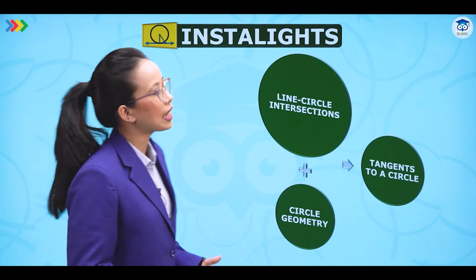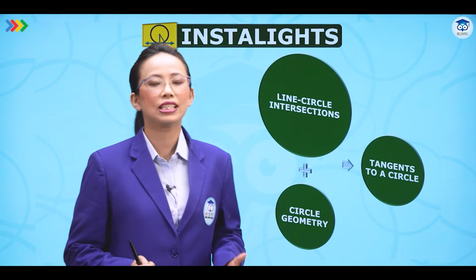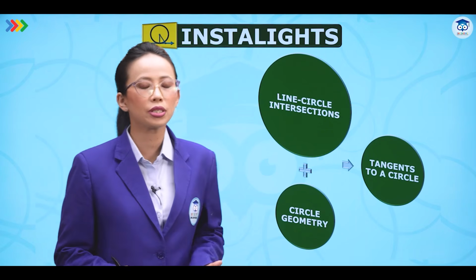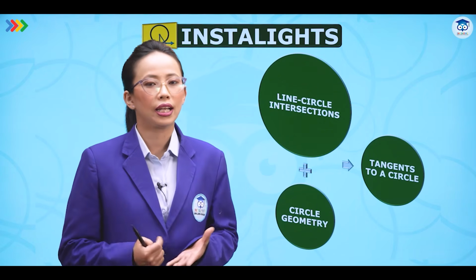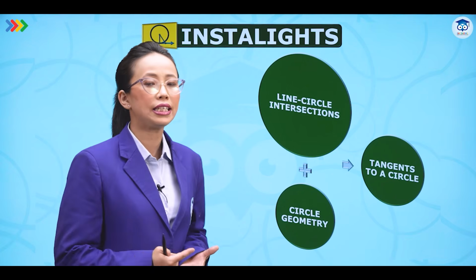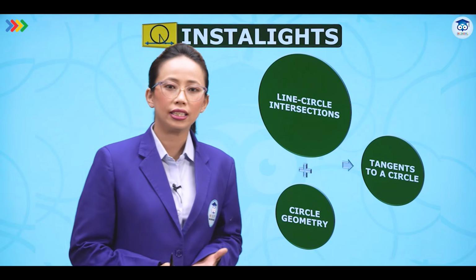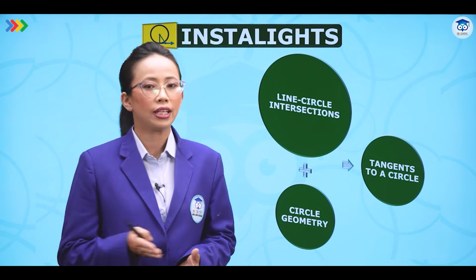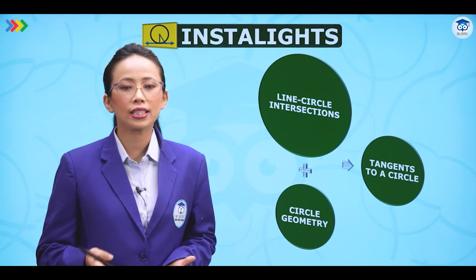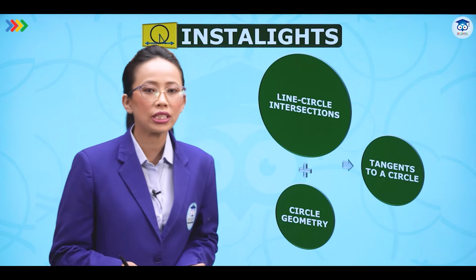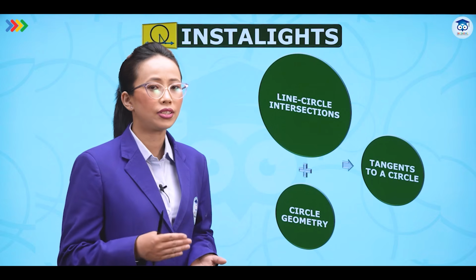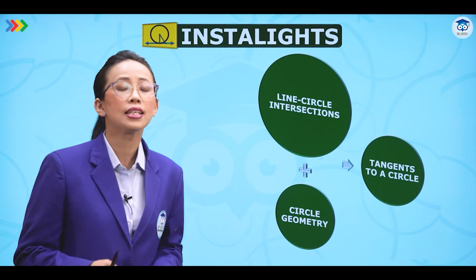So let's recap what we have learned in this video. We have understood the introduction part of a circle. We have learned about lines and the circle. The lines can either not intersect, cut at 2 points, or cut at 1 point. If it is intersecting at 2 points, we call it a secant.